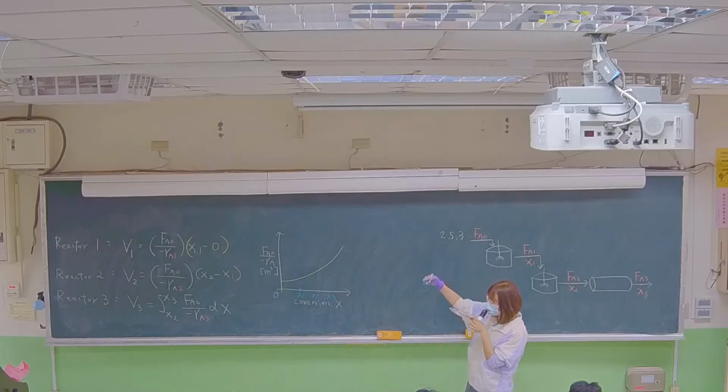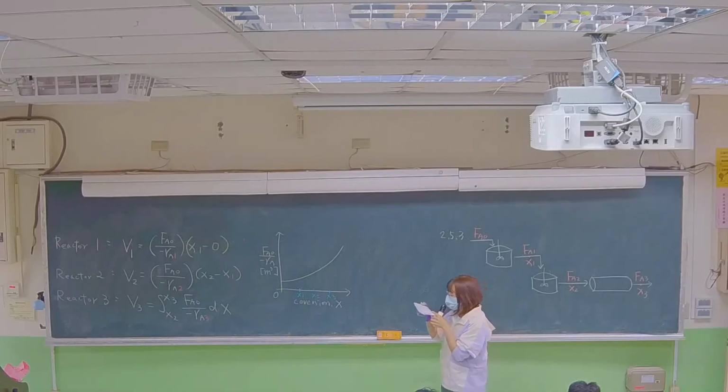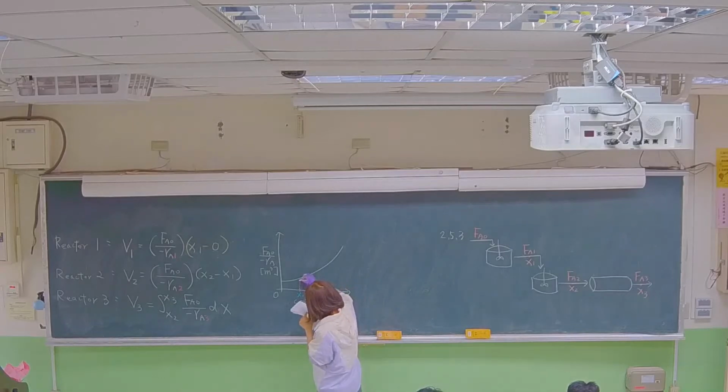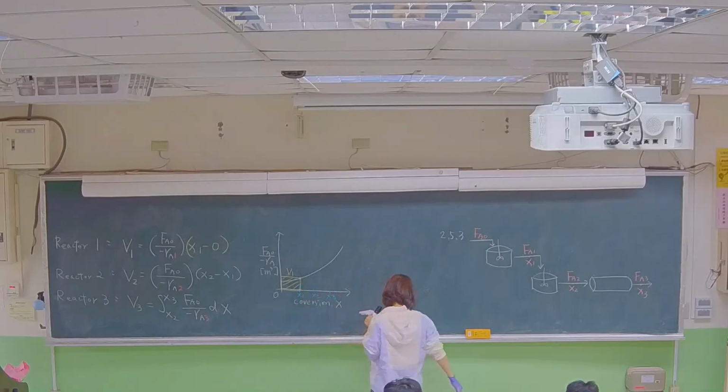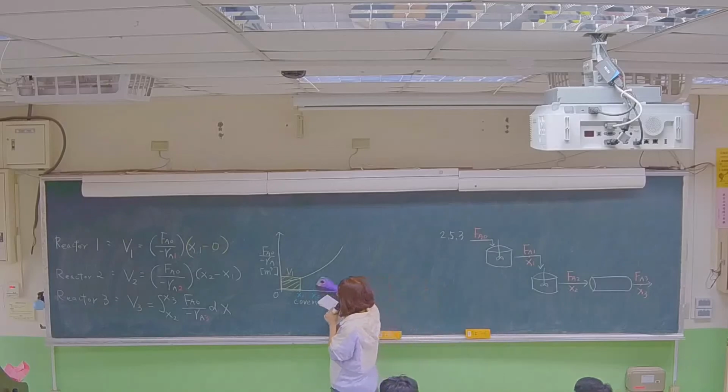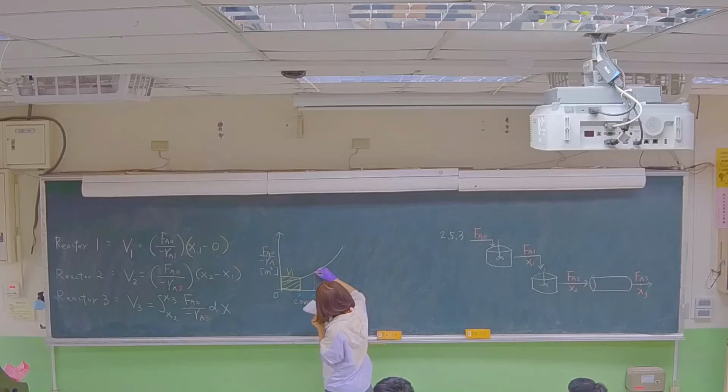So the first one and the second one are CSTR, right? For CSTR, you have to find this point and draw a rectangle. This one, V1. The second reactor is also CSTR, so find this point.